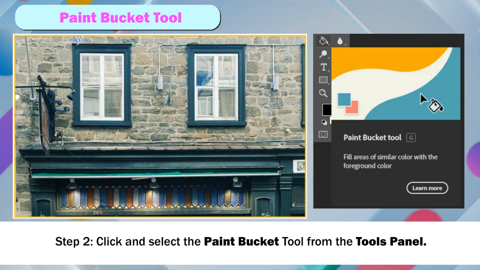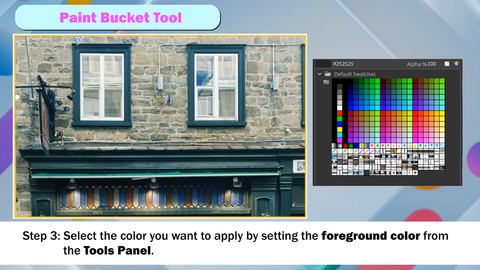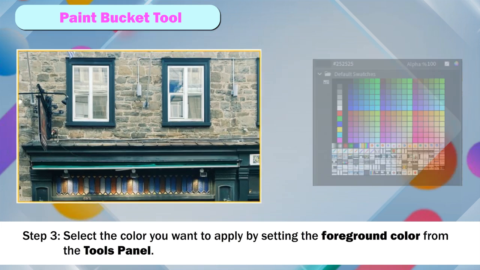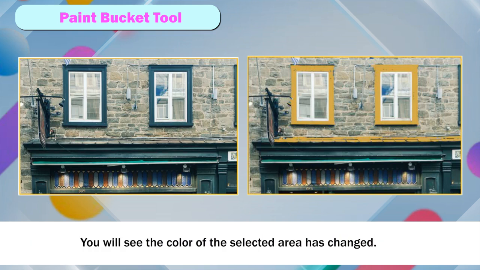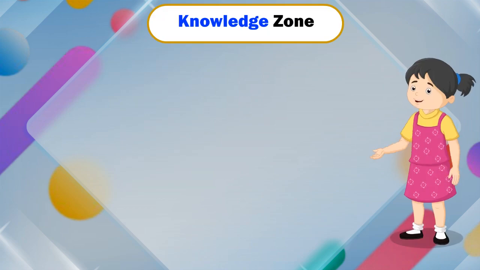Click and select the Paint Bucket tool from the Tools panel. Step 3. Select the color you want to apply by setting the foreground color from the Tools panel. Step 4. Place the mouse pointer on the area selected for a change of color and then left-click. You will see the color of the selected area has changed.